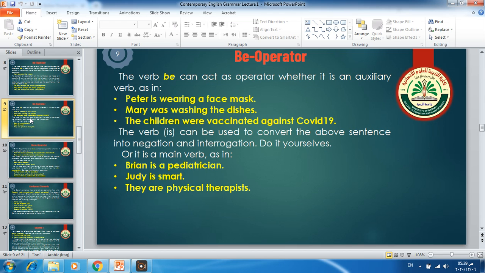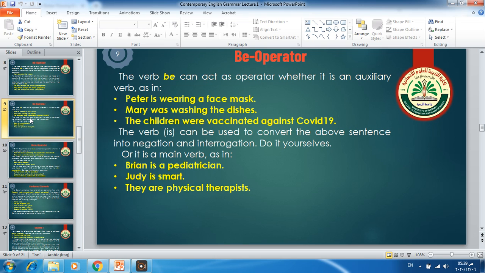Be operator. The verbs to be can act as operator whether they are used as auxiliary verbs or as main verbs. So consider the examples. Peter is wearing a face mask. Mary was washing the dishes.